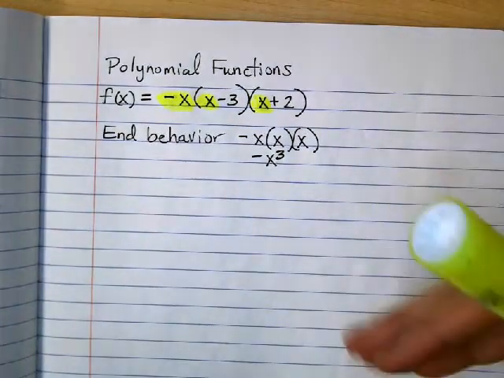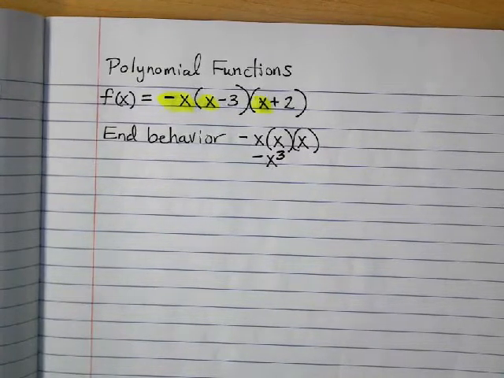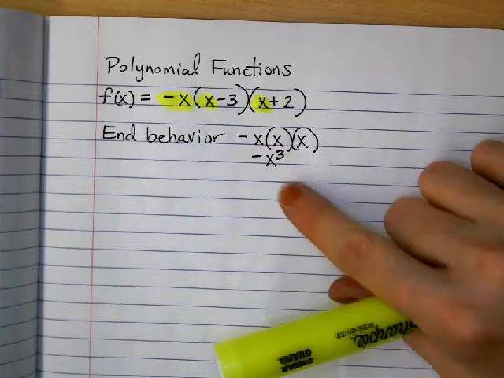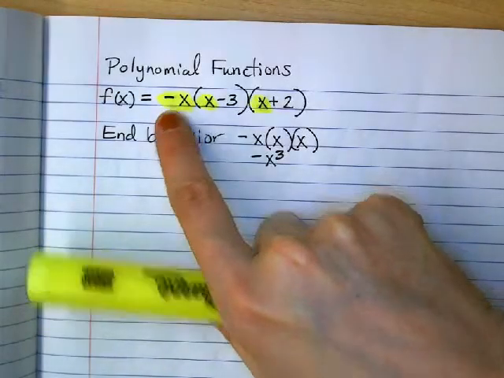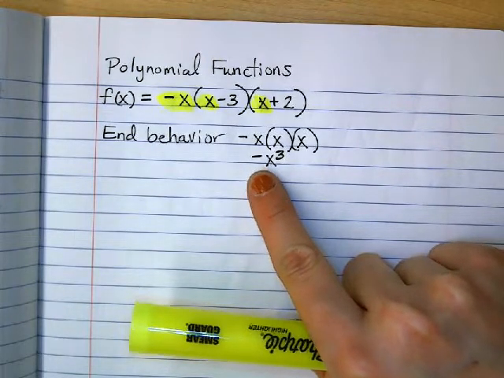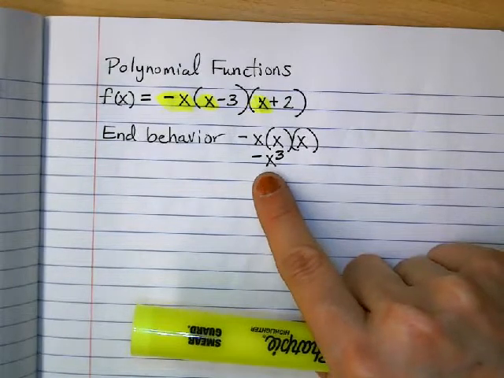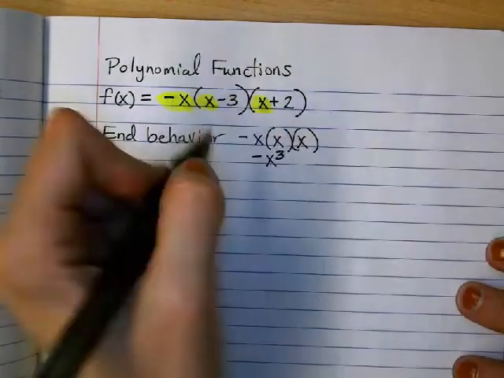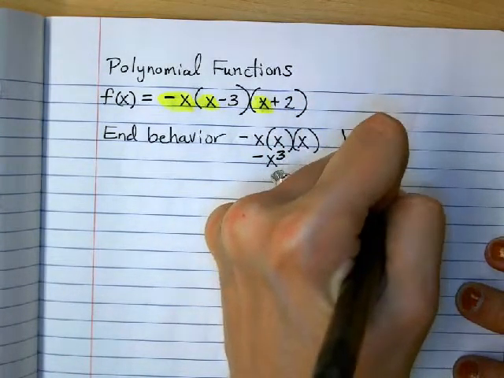So what would that graph look like? So compare it to the board. It's x to the third, but it has a negative in the beginning of it. So do you know which arrow would be pointing up and which arrow would be pointing down? Good job. The left arrow would be up, and the right arrow, she said, would be falling, going down.